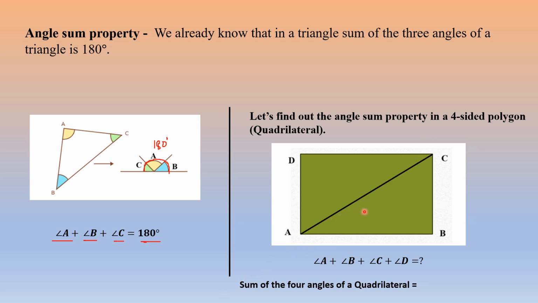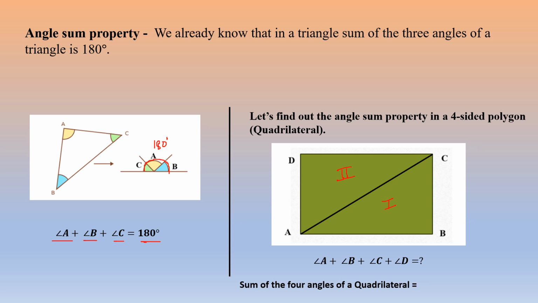And if you see over here, the rectangle is getting divided into two triangles. This is your first triangle, triangle ABC, and the second triangle is triangle ADC. So when I join the diagonal, my quadrilateral is getting divided into two triangles.